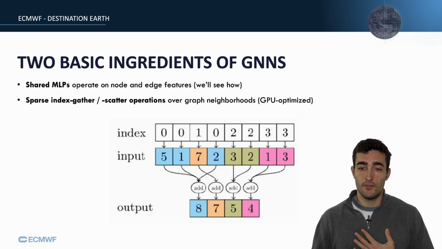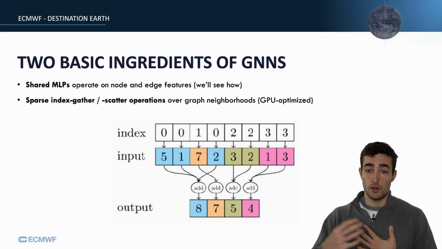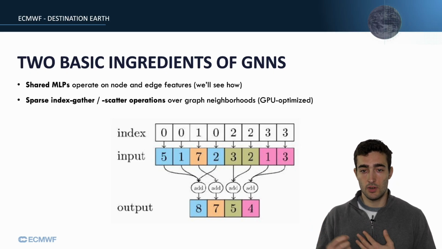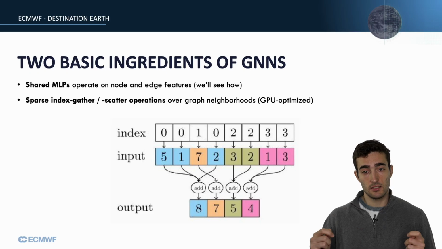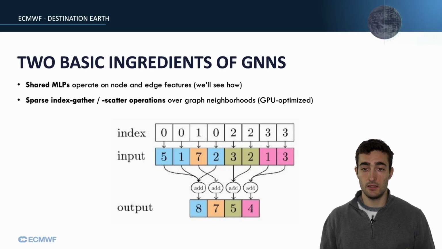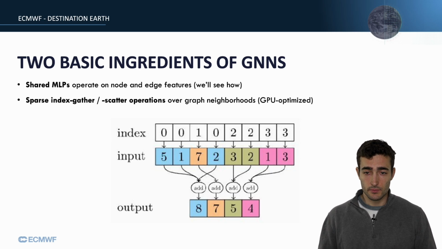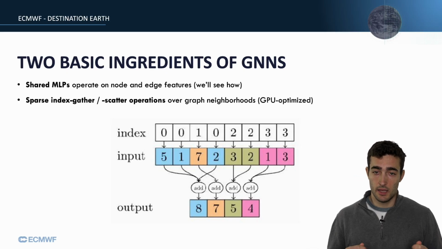So you have your own representation and your edge features, and you use an MLP to create the message. These MLPs are shared across all of the students, all of the people attending this course. You don't have your own MLP for your case. So in this case, it's quite important.